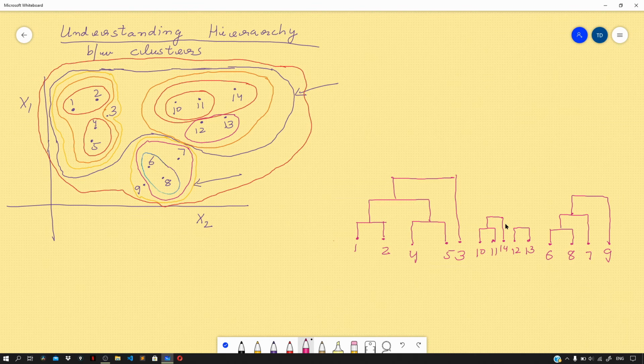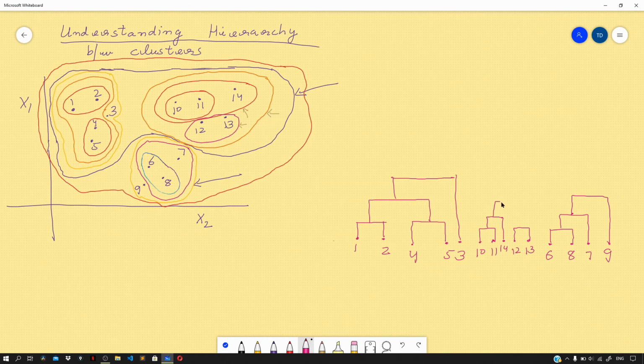And now let us do this quickly for the entire dendrogram that we have. So the cluster that is formed using 12 and 13 combines with the cluster which contains this cluster and this single data point. So these two clusters, this one and this one, combine to form this cluster, right?